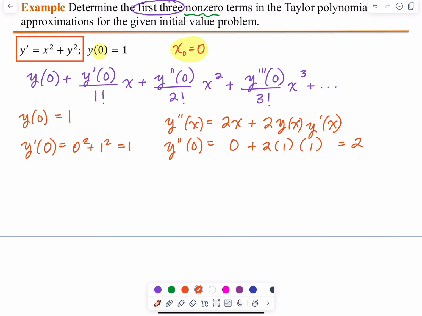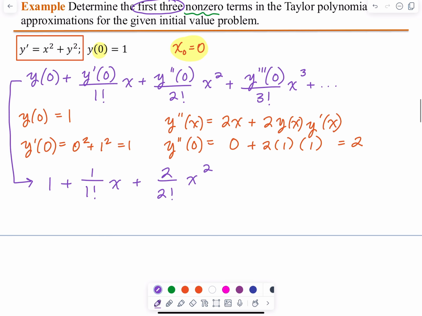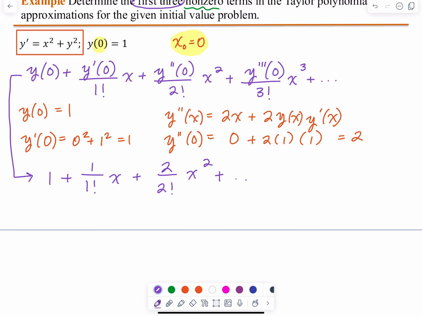It looks like we're going to have our three terms already. So we can now say that y of 0 is equal to, of course, 1, y prime of 0 is equal to 1 divided by 1 factorial multiplied by x. Y double prime is going to be 2 divided by 2 factorial multiplied by x squared, and of course so on and so forth.